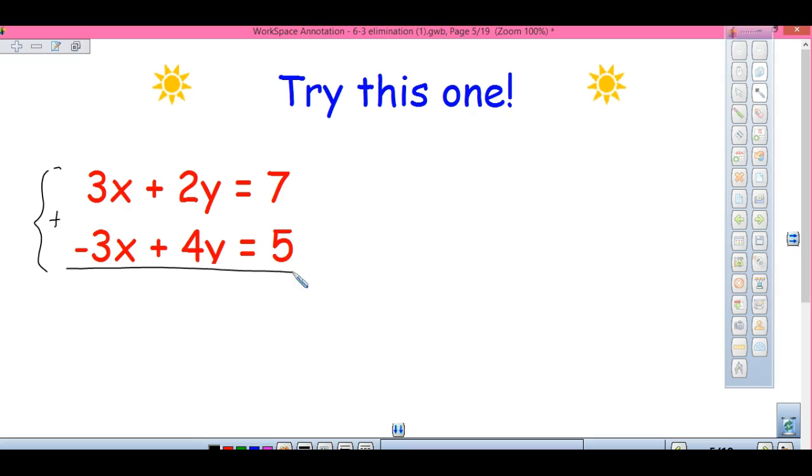Okay, so 3x plus a negative 3x is 0. Those cancel. Okay, 2y plus 4y, 6y equals 7 plus 5, 12. Divide by 6, y equals 2.